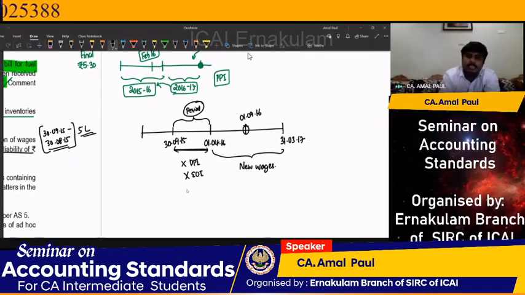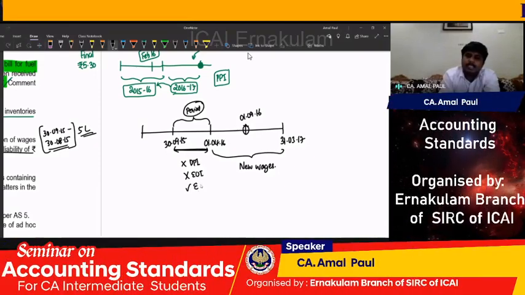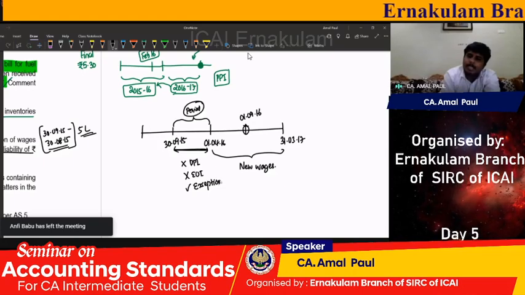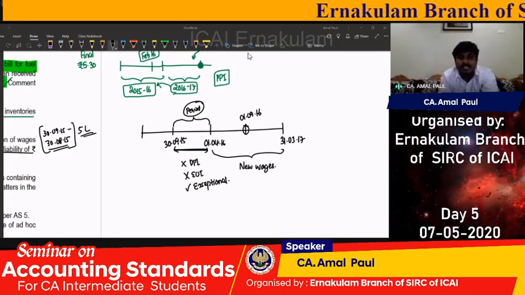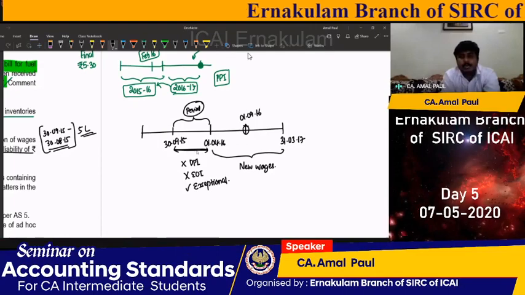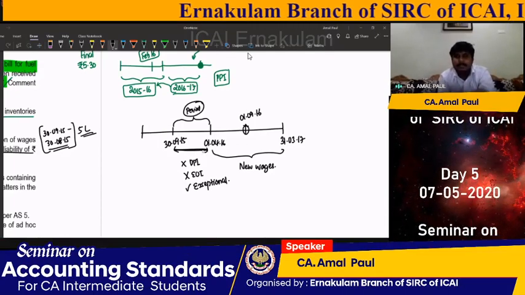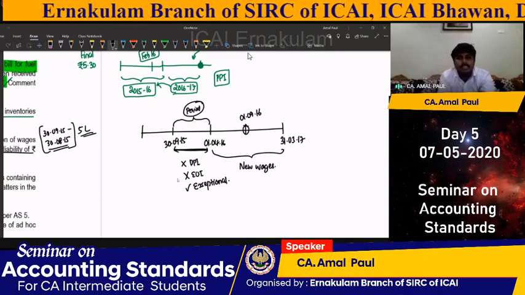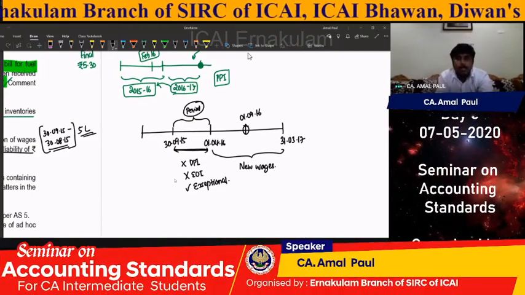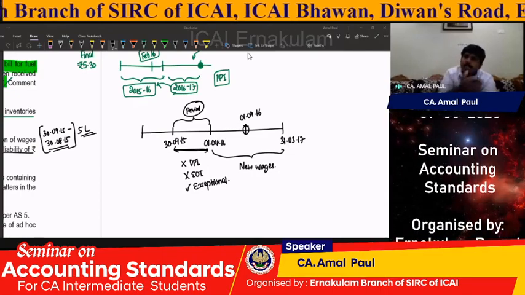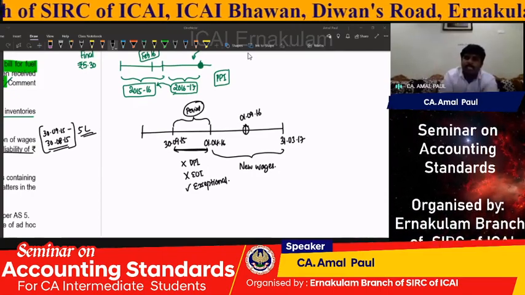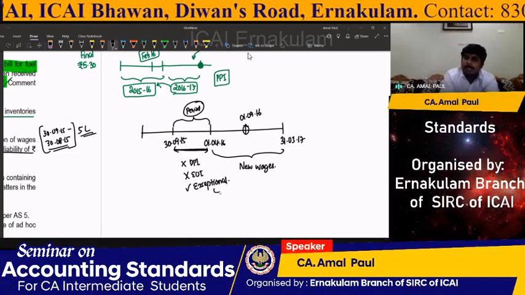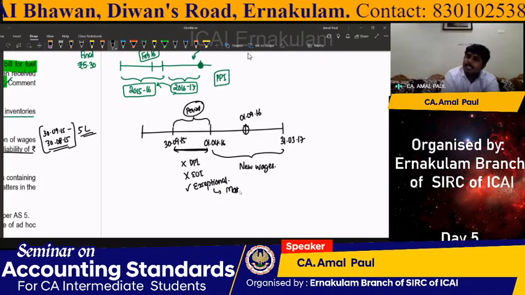This will be treated as an exceptional item, because when there is a retrospective revision in wages, this expenditure is not related to the current period and may be a huge amount. If it is for 3 or 4 years, it may be a huge amount.